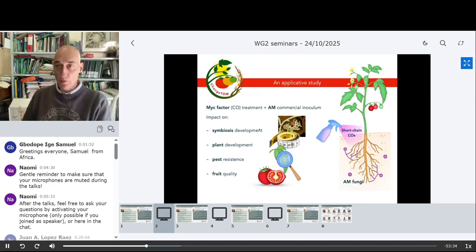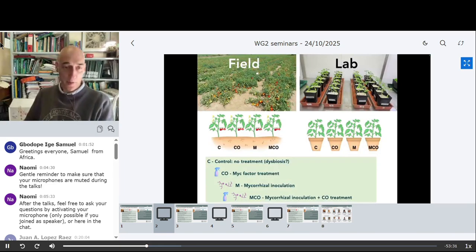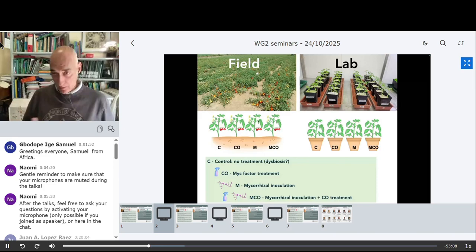To give you an overview of our experimental setup, we basically have 4 conditions: control plants that have not been treated, CO plants, which are those that have only been treated with chito-oligosaccharides, M plants, so mycorrhizal inoculated plants, and MCO plants, which are mycorrhizal plants that have also been treated with COs. And this has been done in the field and in the lab in parallel, distinct experiments.